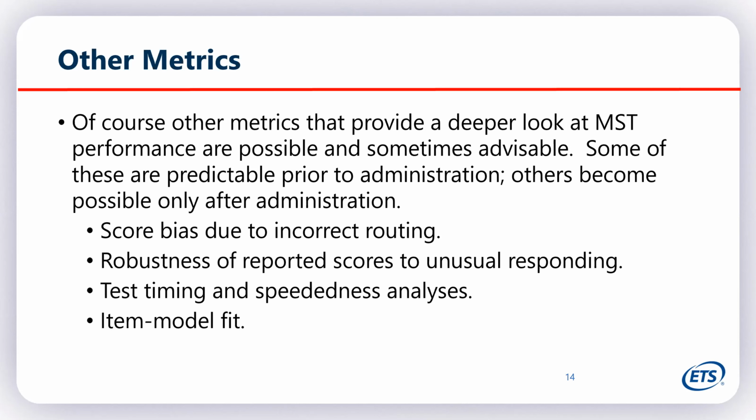So that is certainly something that ought to be attended to during the design process. And the last thing is item model fit. Do the item parameters that we've estimated in advance and assumed during the administration and scoring process in fact fit the data as it's presented?